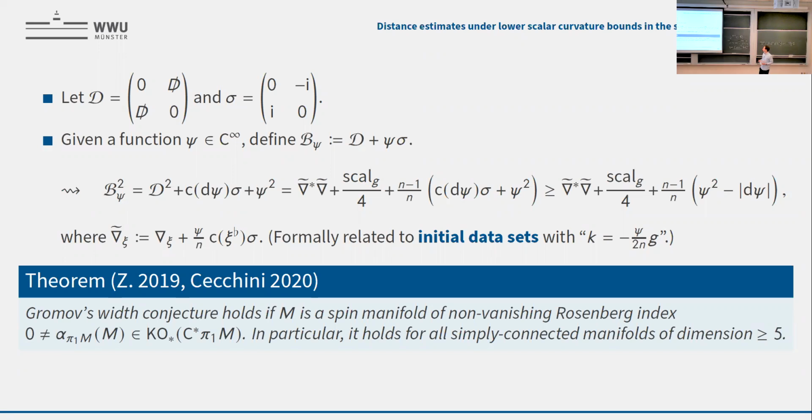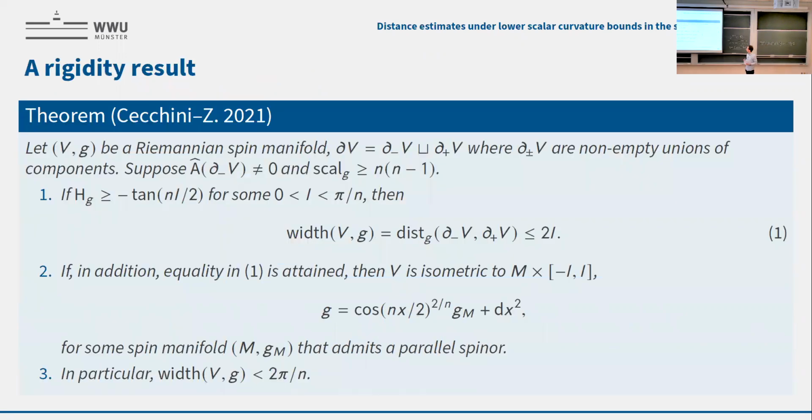All right, and maybe now let me mention one more result going in that direction, namely a corresponding rigidity result. Here we will study a situation which is a little bit more general, but also a little bit less general. It's more general because we study a general spin manifold with boundary, where we decompose the boundary into two parts.